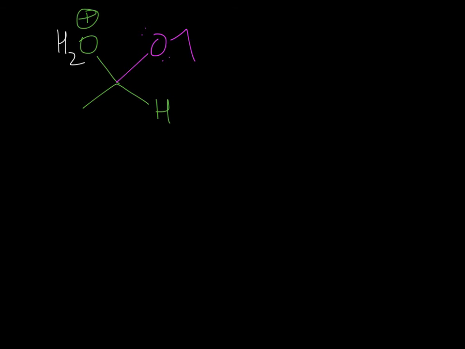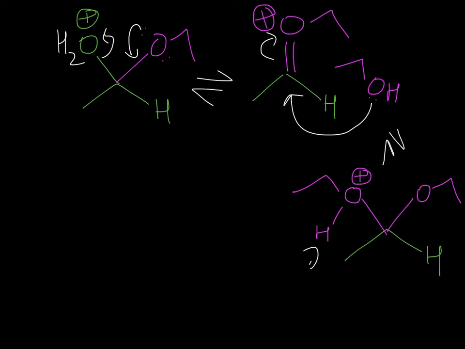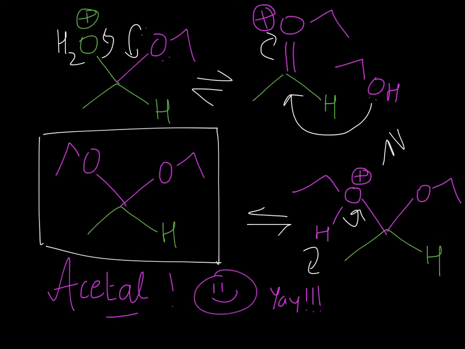So now we can collapse this tetrahedral intermediate and get rid of that sneaky leaving group to get this structure, which actually has a positive charge. But you can't really get rid of this positive charge by removing any protons, right? So what do you do instead? You can attack it with another alcohol to form a second tetrahedral intermediate, which we can now deprotonate to get our final product, which is an acetal.